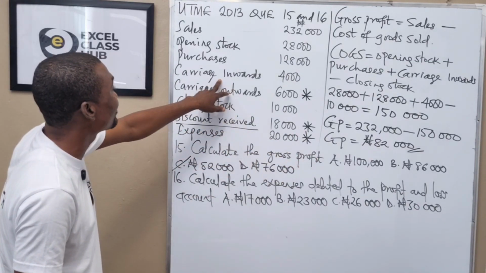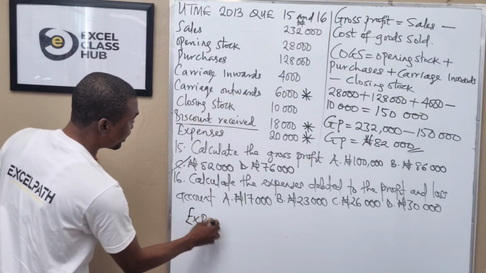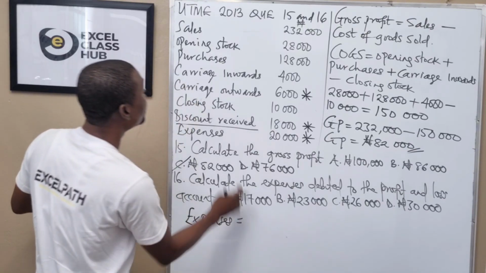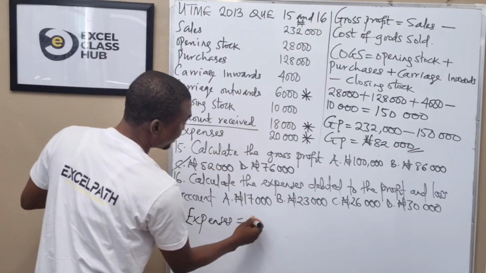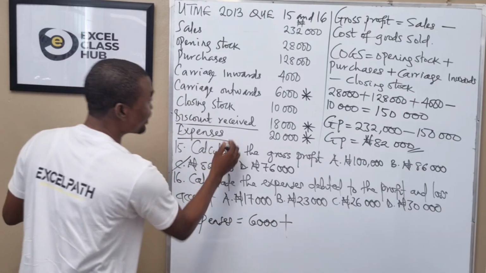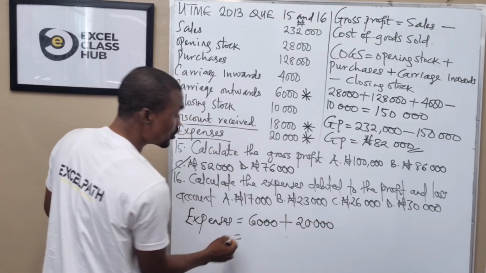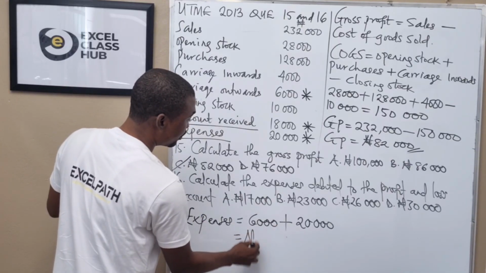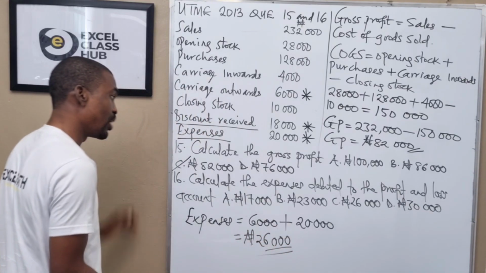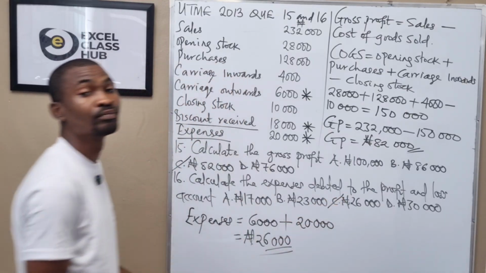So the expenses that will be debited will be carriage outwards, which is 6,000, plus these expenses, which is 20,000. So 6,000 plus 20,000, total figure will be 26,000. The correct option is option C.